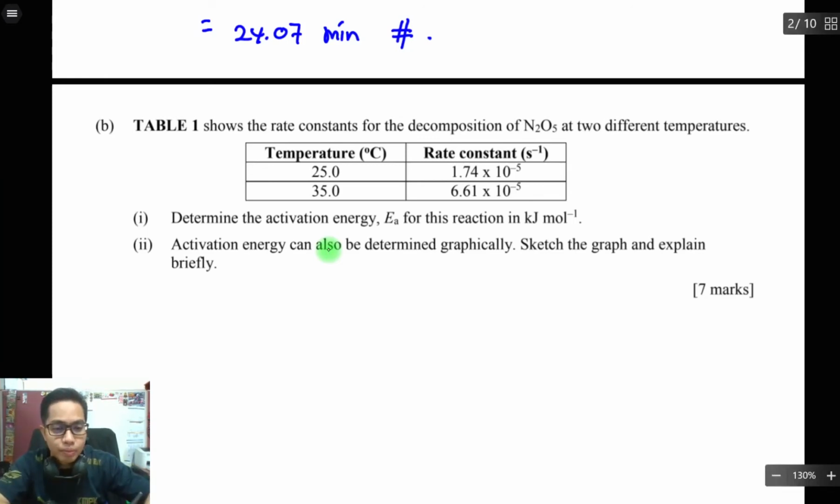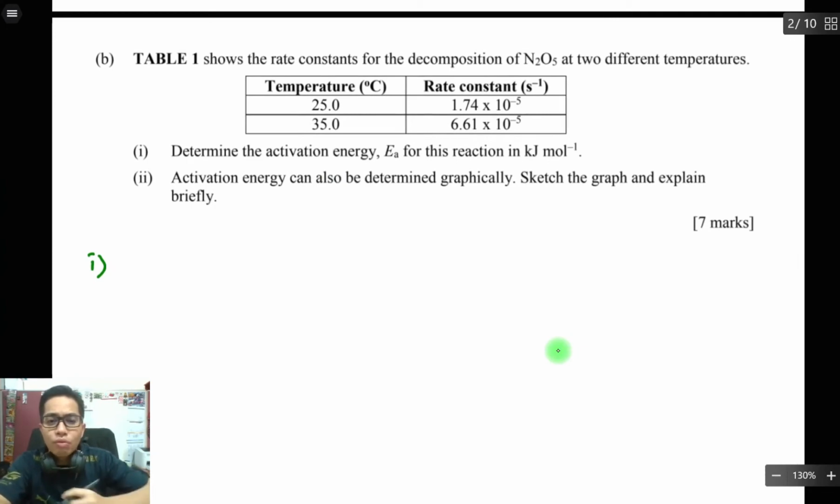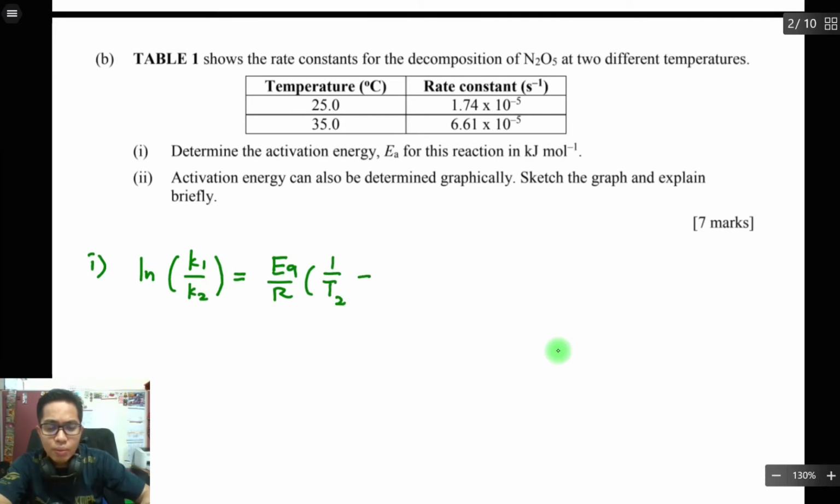Number 1. So we have two different temperatures, two different rate constants. So the formula should be ln k1 over k2 equal to Ea over R in bracket 1 over T2 minus 1 over T1.